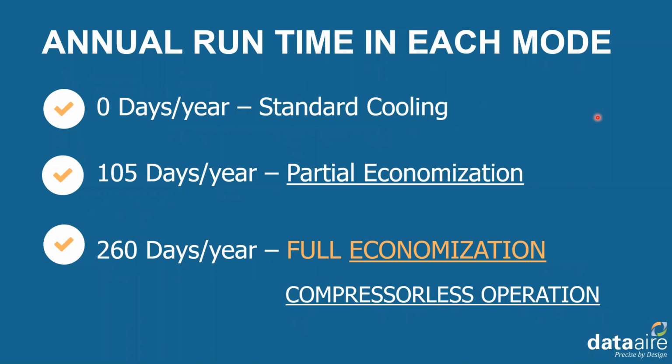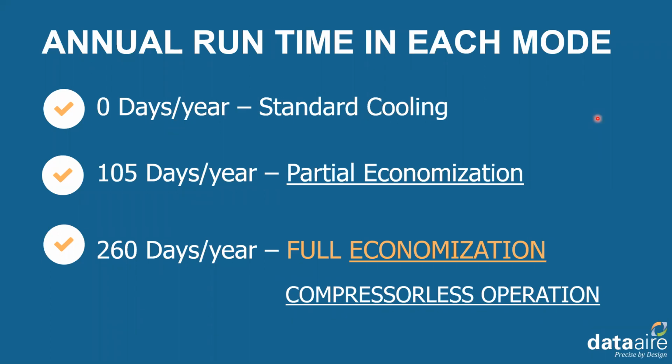And the answer is, in almost every case, you'll get significantly better hours of operation without compressors from this water side economizer than you will from Liebert's competitor's dry bulb economizer.